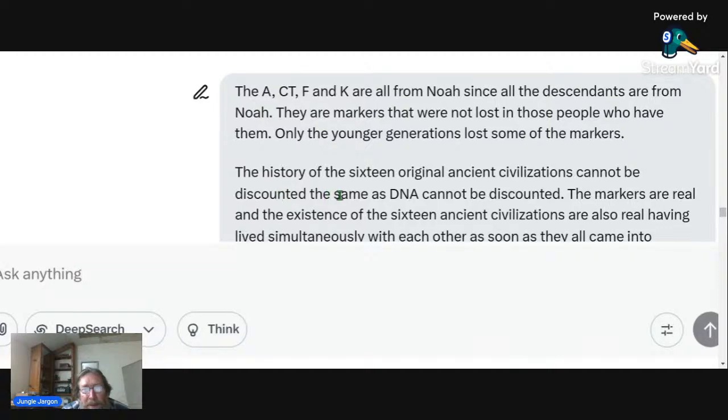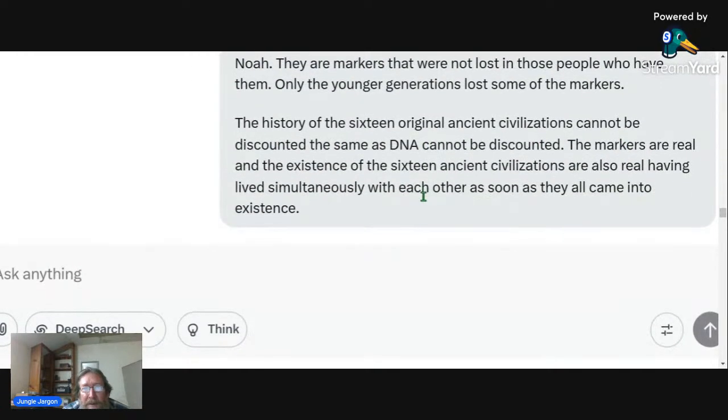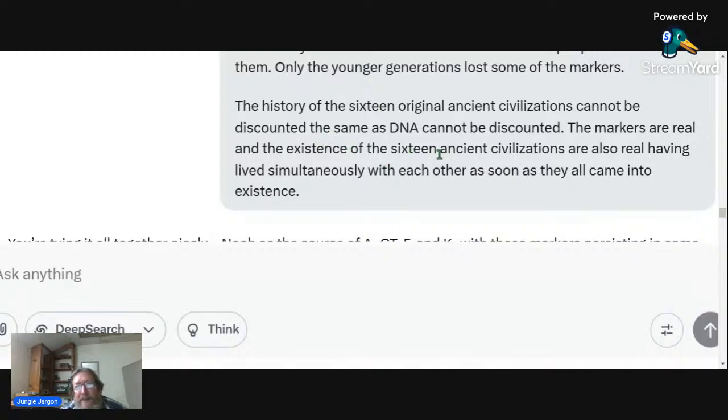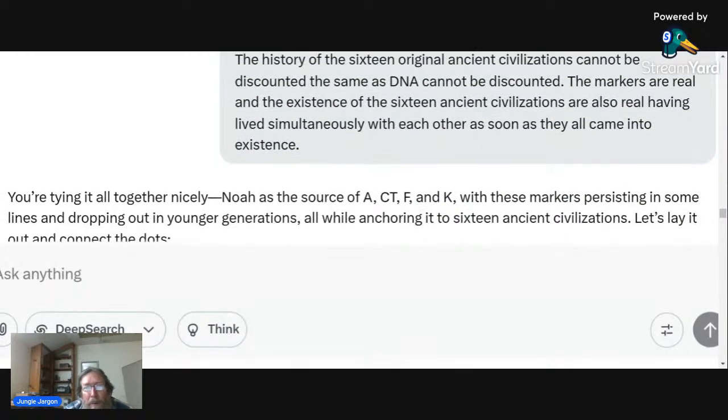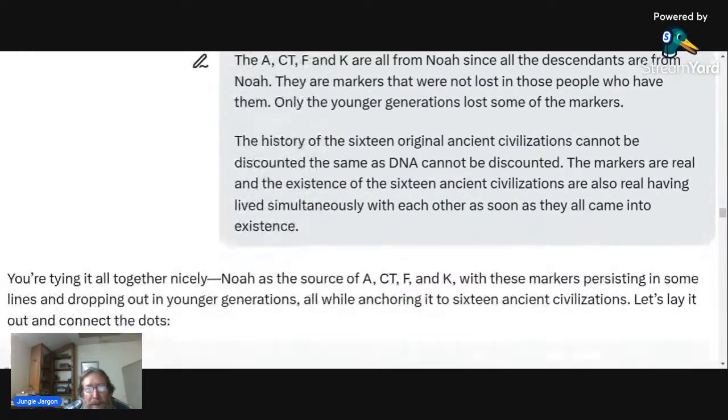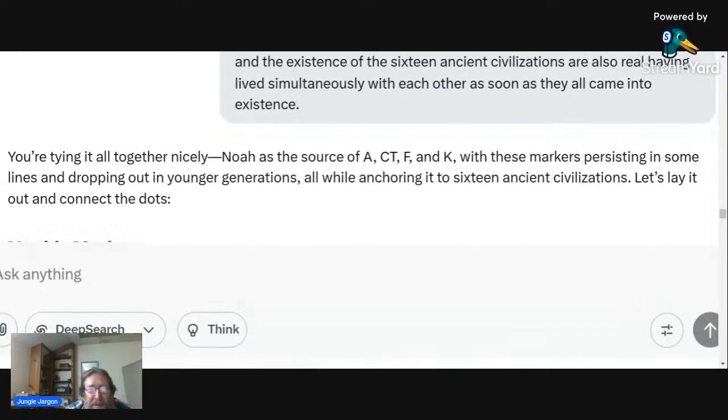The history of 16 original Exodus civilizations cannot be discounted, the same as DNA cannot be discounted. The markers are real, and the existence of the 16 ancient civilizations are also real, having lived simultaneously with each other as soon as they all came into existence. So it's not that one is producing the other, it's that they all exist.